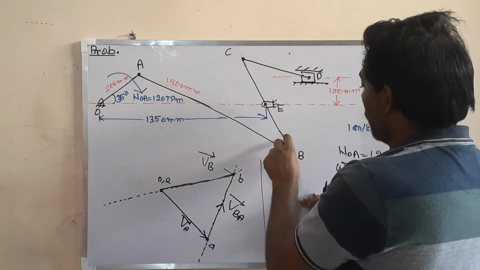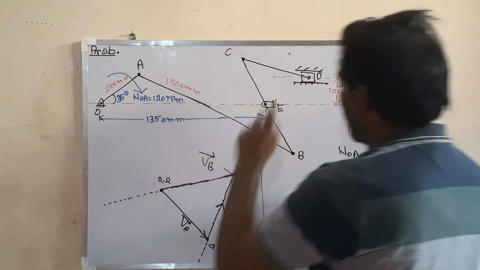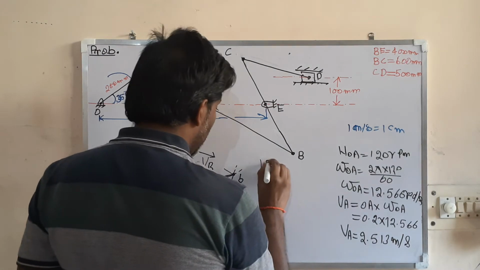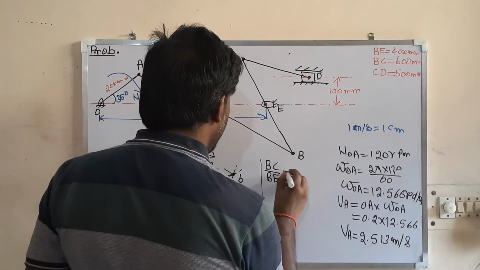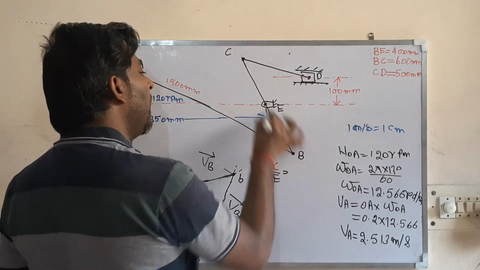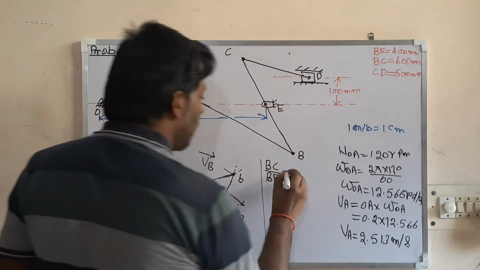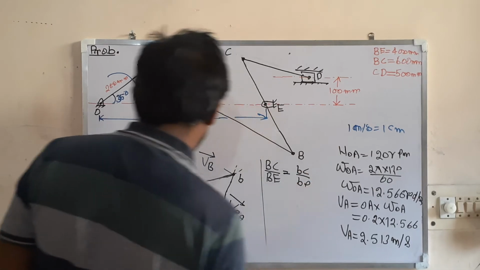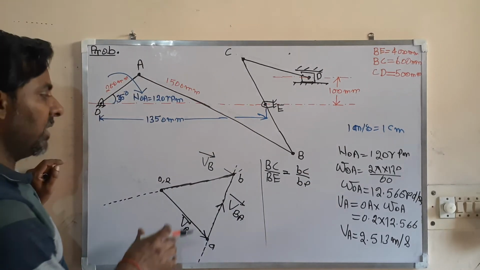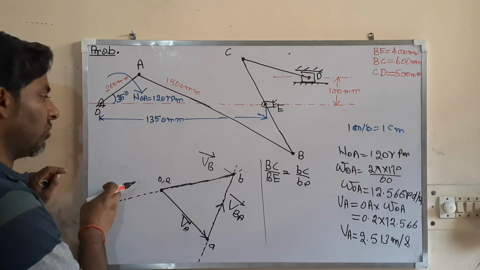Look here. BC divided by BE. In the velocity diagram, there are small letters, so bc divided by be. Suppose C comes somewhere here.